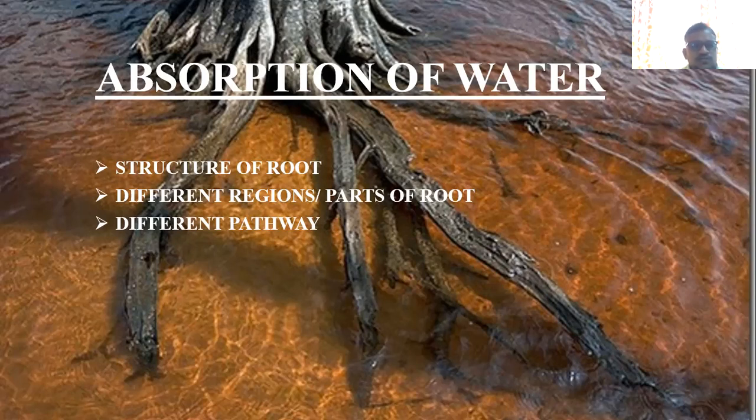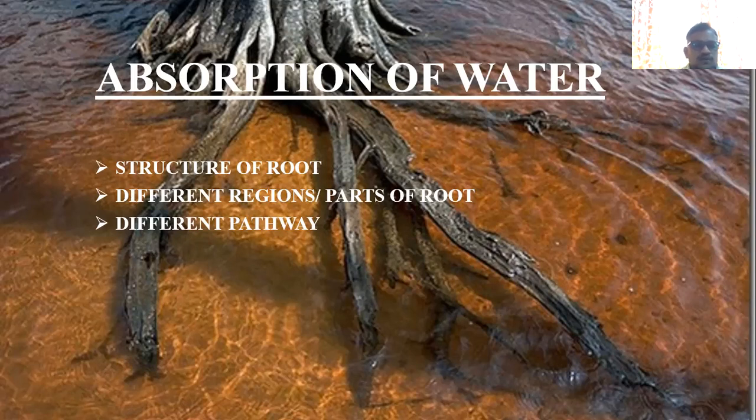Then different regions and parts of the root, and then what are the pathways? Pathway means the way through which the absorbed water in the root region is sent up to the tip portion of the plant. This mainly happens through different pathways, and we will discuss what those pathways are.